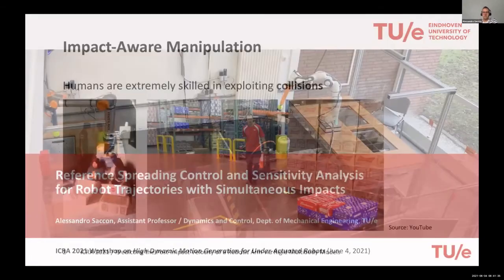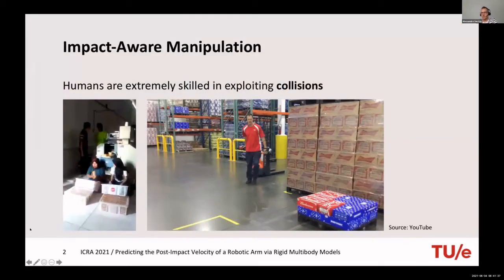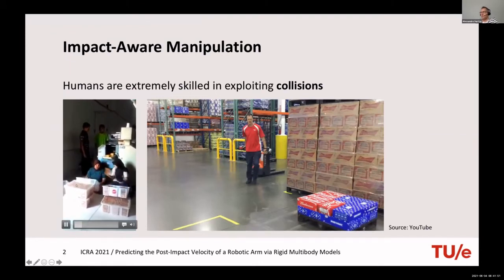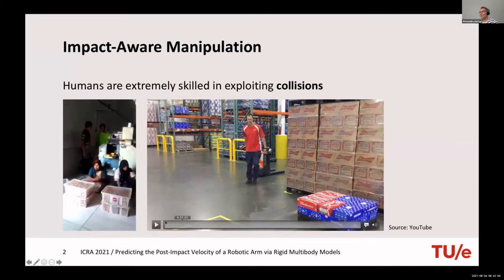Okay, I have a general introduction here. I'm talking about what we call impact-aware manipulation. An example of this kind of manipulation is the following. We are really skilled as humans at exploiting collisions. This has also been explained in a previous talk. We don't fear collisions, we exploit them, and this way we can be very fast.